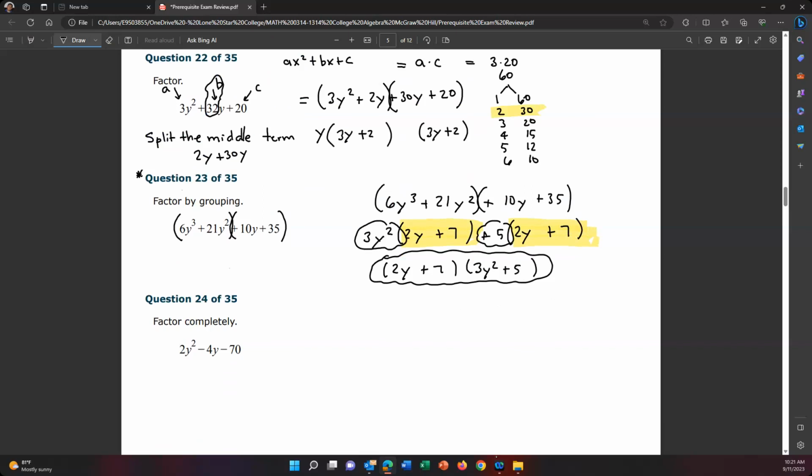But what should be out here? That should be a 10. So that's a technique that I use in this particular example so that I can move a little bit faster. So I know we're going to get out of this group a 3y plus 2. So I just quickly figure out what should be the greatest common factor if we had a 3y plus 2.